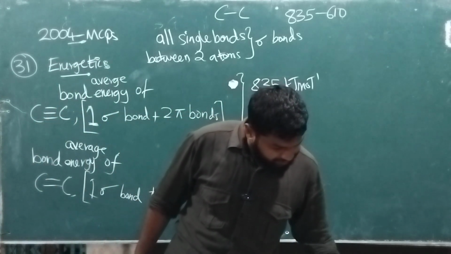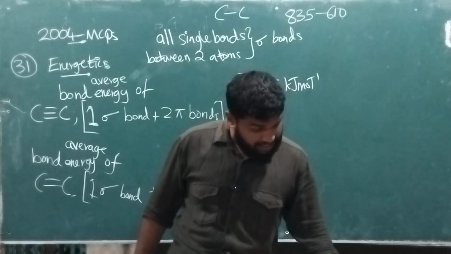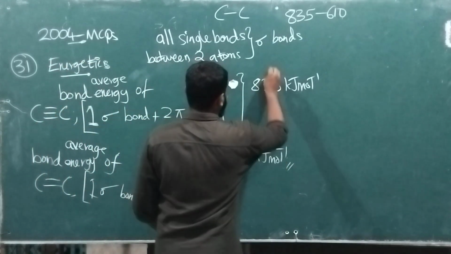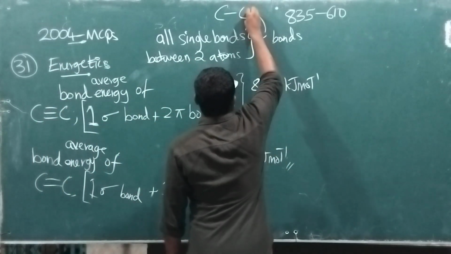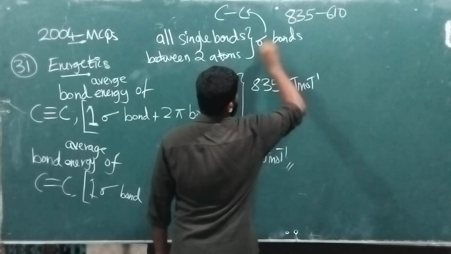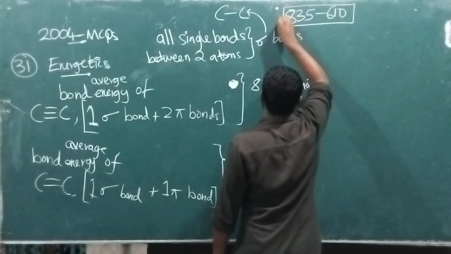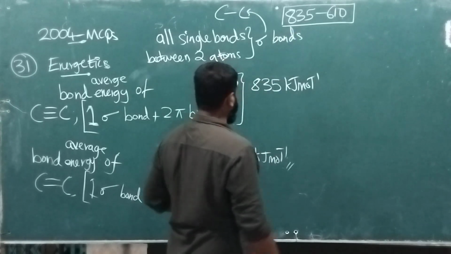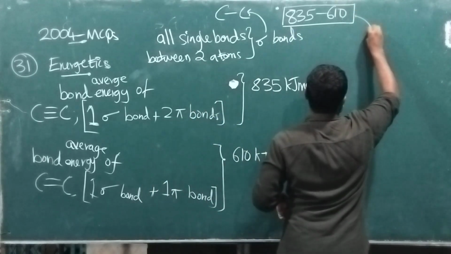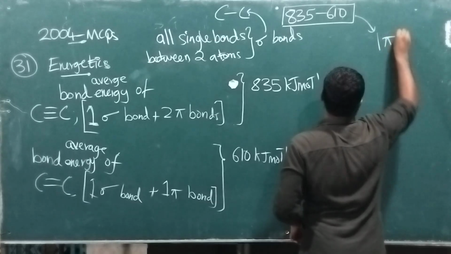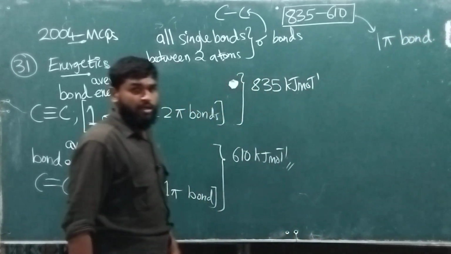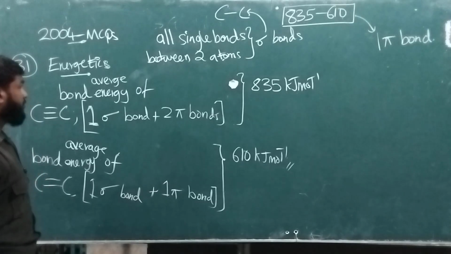They have asked the reasonable average bond energy for that. So obviously this cannot be the answer. Once you subtract these two, you are going to get the energy for 1 pi bond.